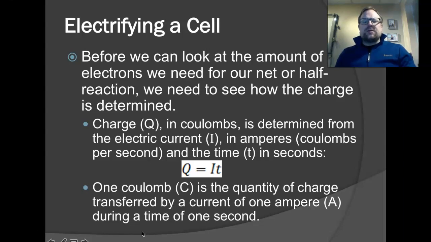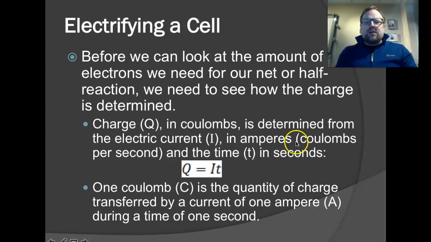And a coulomb is simply determined from taking the electric current in amps and multiplying it by the time in seconds. And that's going to give us our determination of charge that we're measuring in this case. I'm not going to go too deep into the derivation of this because it's really beyond what we need to know at this point.